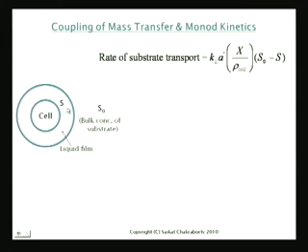Okay. So then this liquid layer, say, has a thickness of, whatever, delta, let's say. Now, what happens as a result of the presence of this liquid layer is that the substrate has a concentration S0 outside, and the concentration at the interface of the liquid layer and the cell is obviously going to be lower than the concentration outside, okay, which means that there is a concentration gradient in between the bulk and this point.